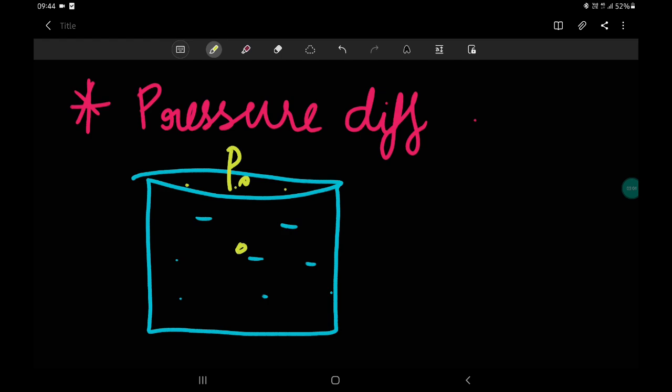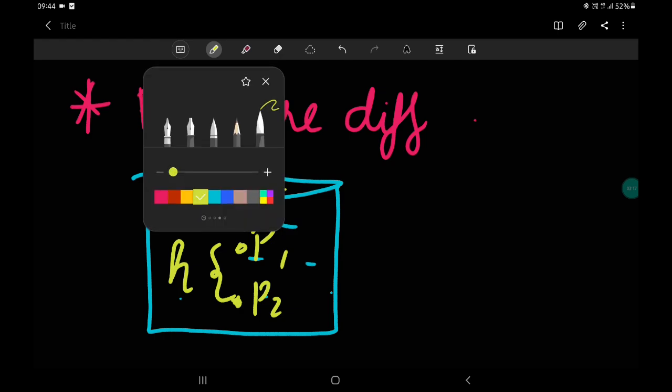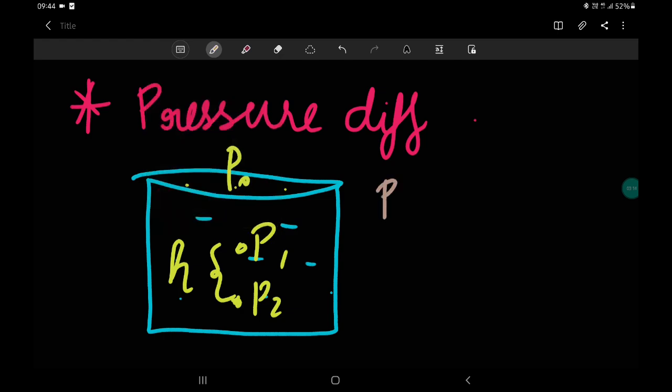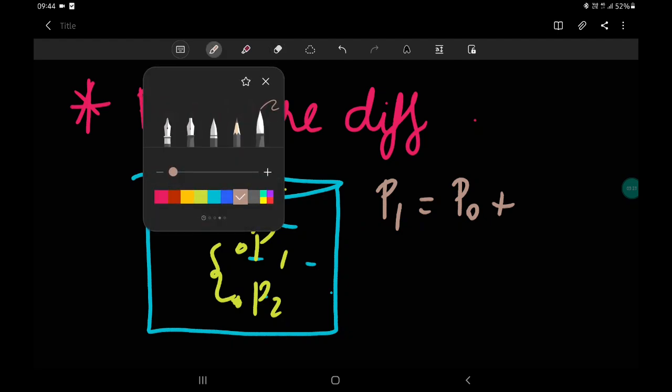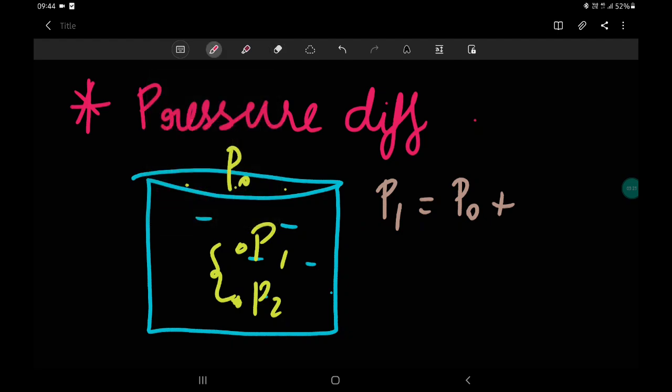Suppose I mark this point as P1 and this point as P2. The height difference between P naught and P1 is H1, and the height difference between P naught and P2 is H2. Is that clear?